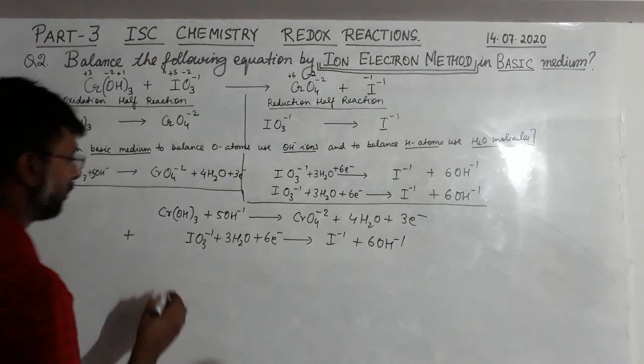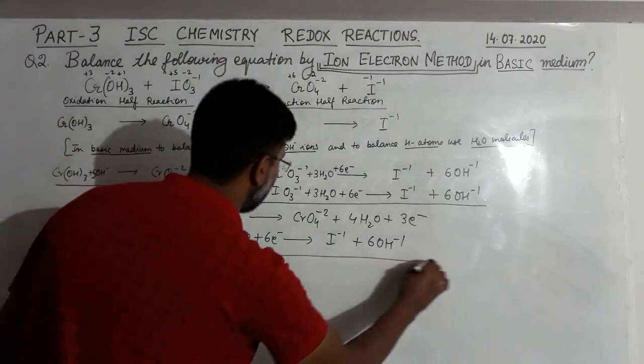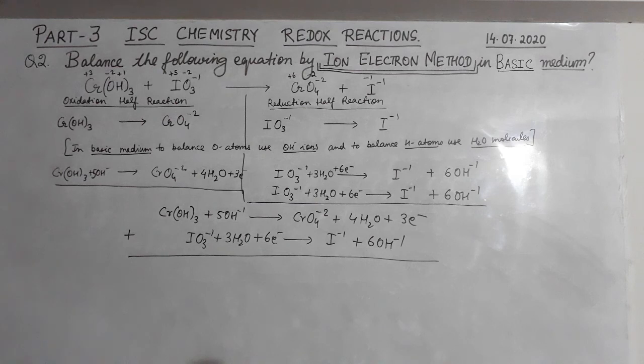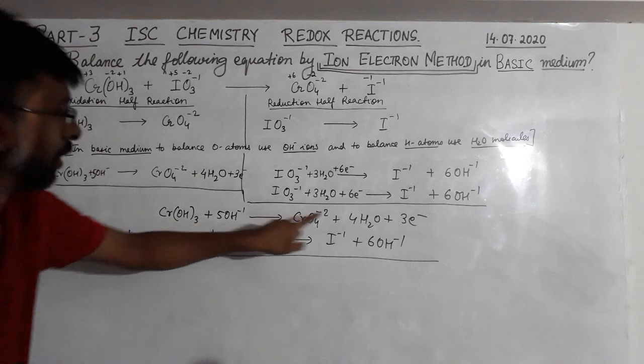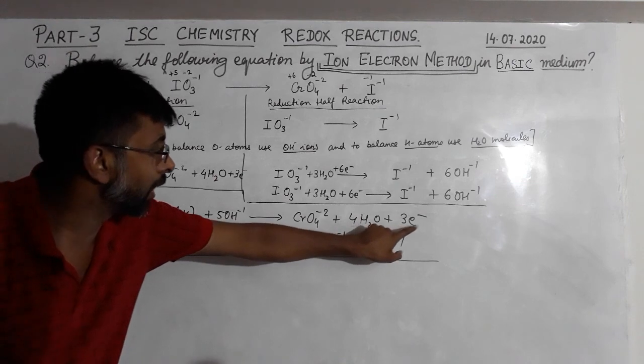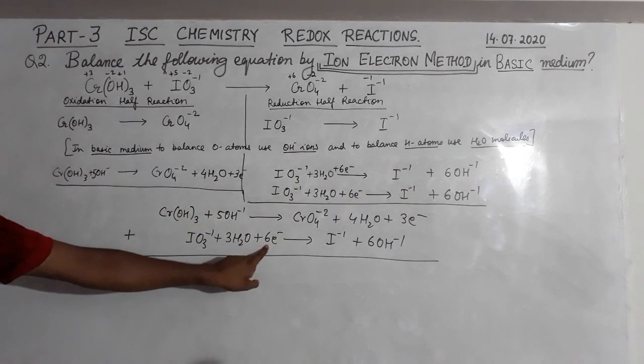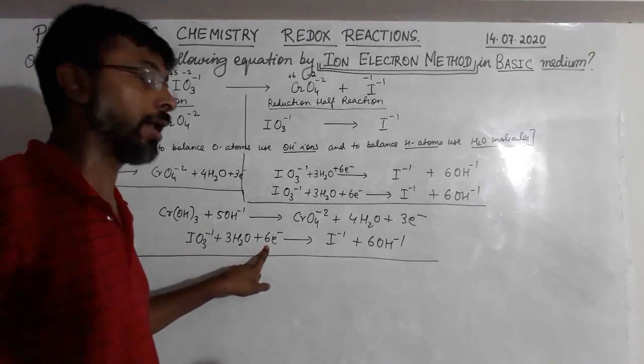Now I draw a line over here and now I will check. In the first equation, in the oxidation half reaction, the number of electrons is 3 only, but here it is 6 electrons. We must make the number of electrons the same.